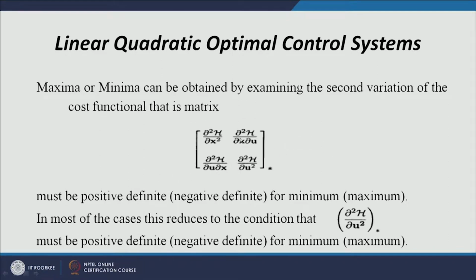With respect to a linear system, this value is Q, these off diagonal values are 0 and this value is R. So this matrix is positive definite, as Q is positive semi definite and R is positive definite. So if del 2 h by del u square is positive definite, this means we are minimizing the performance index in solving the optimal problem.